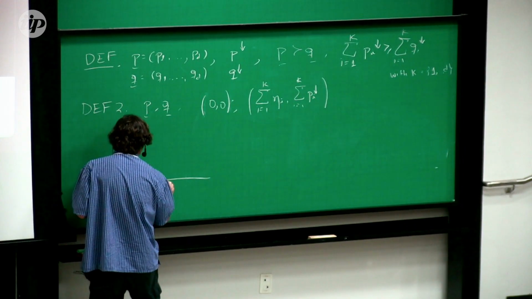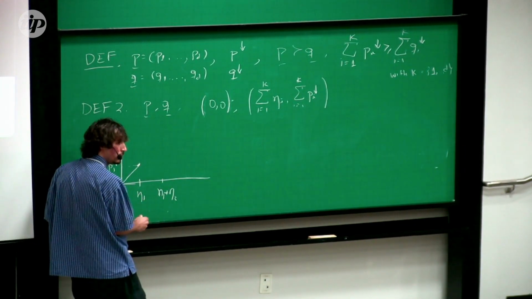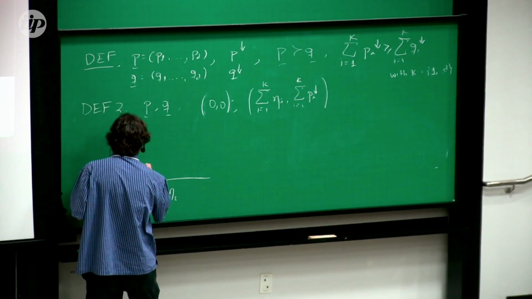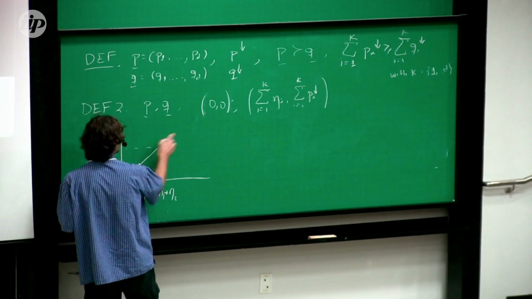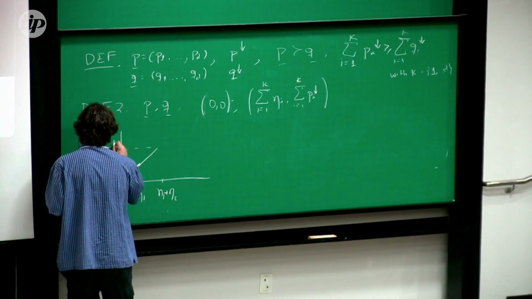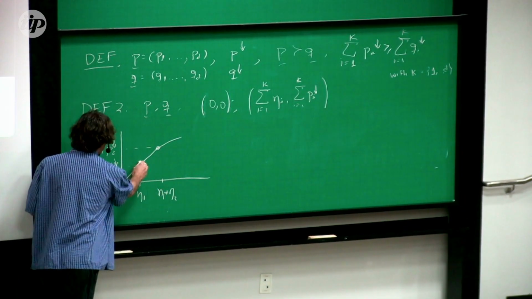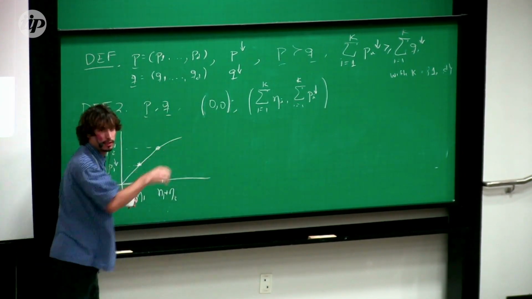And now here you would have eta 1 plus eta 2, and here you have P1 plus P2, and then you create this curve here. Those are the elbows defined by this, and then you have this curve, okay?